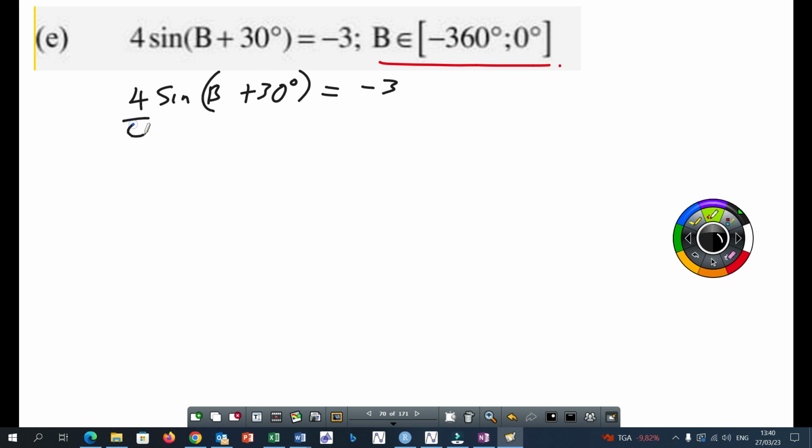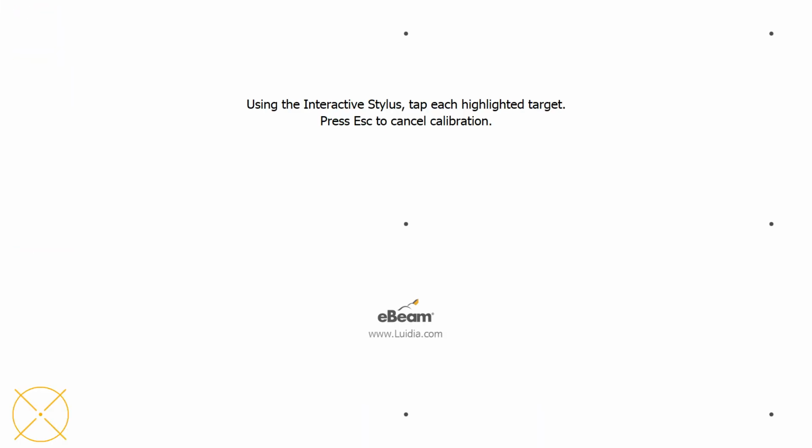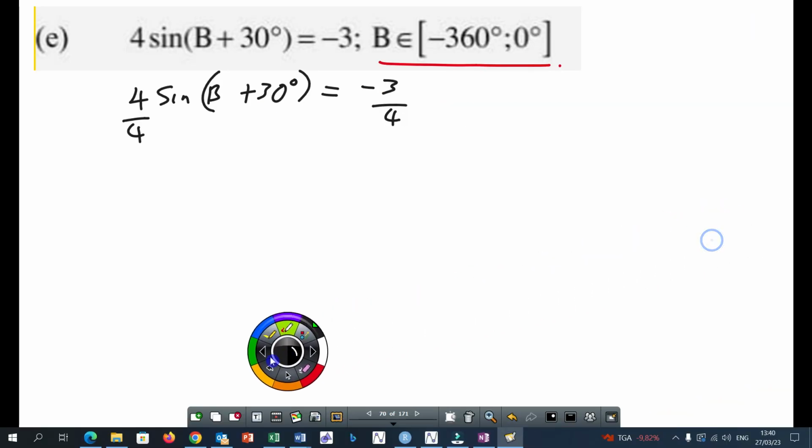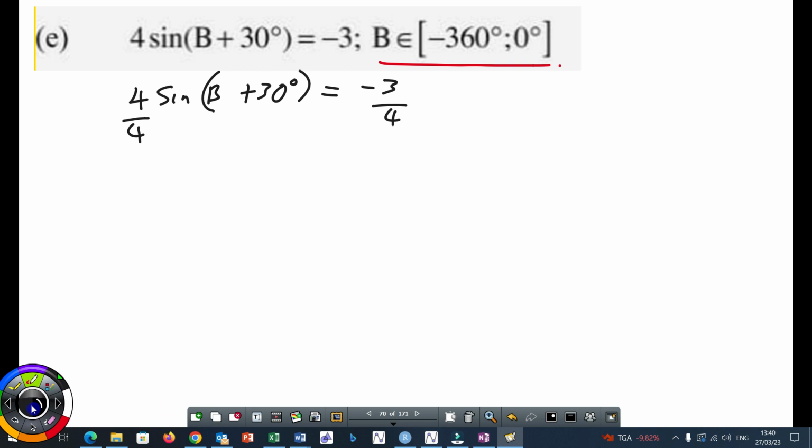So first thing we'll divide both sides by 4. Right, so we get sine of (b plus 30 degrees) is equal to minus 3 over 4.